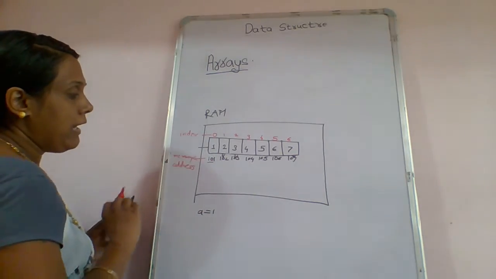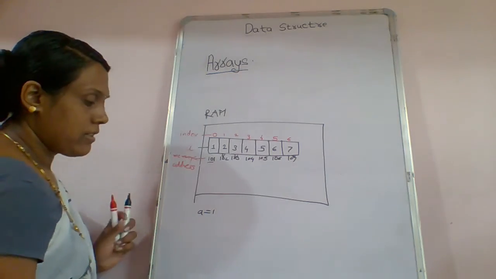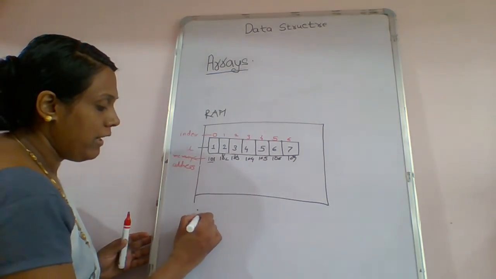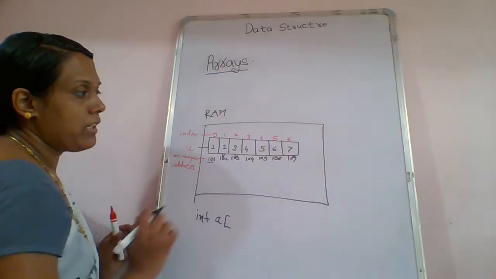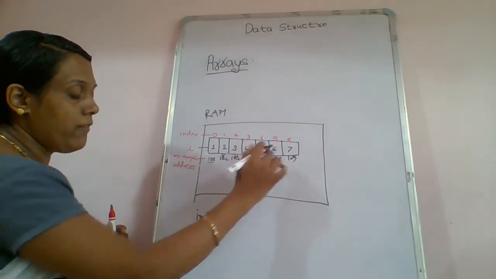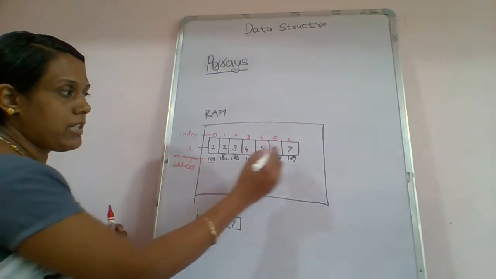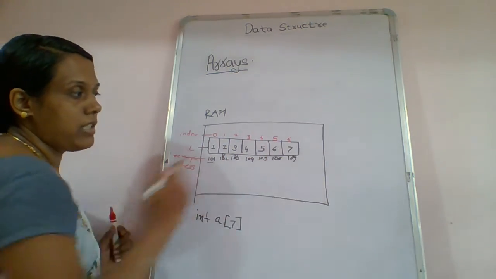This is your array named A. We write it as int A, and there are 7 values, so the size of the array is 7. It starts with 0 and ends with 6.